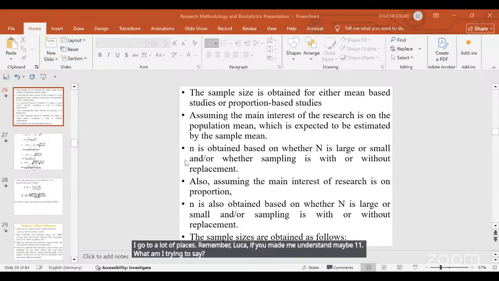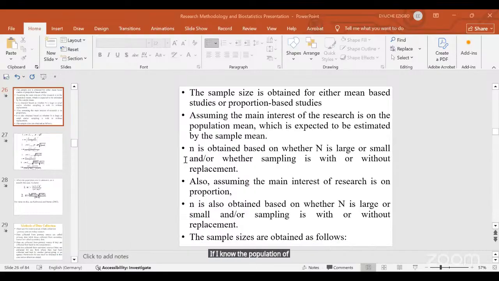If I know the population of Enugu urban, for instance, and I see the fraction that I have selected from that population, I have a total of 2,000 persons. Out of these 2,000 persons, maybe 36 are left-handed. What do I need to say?